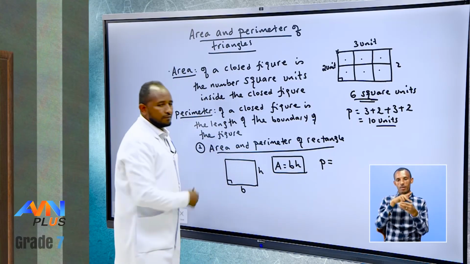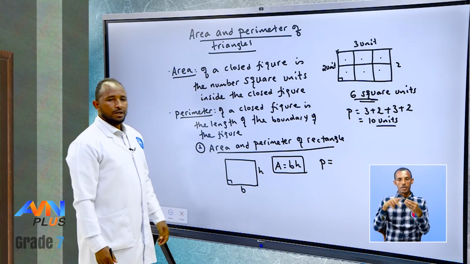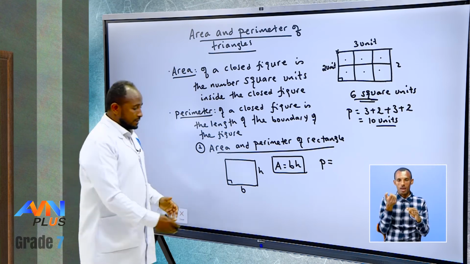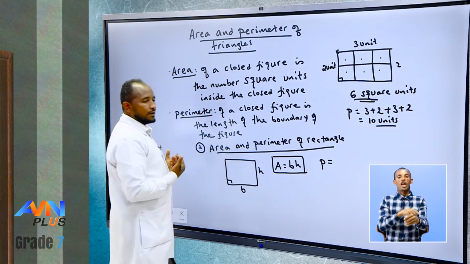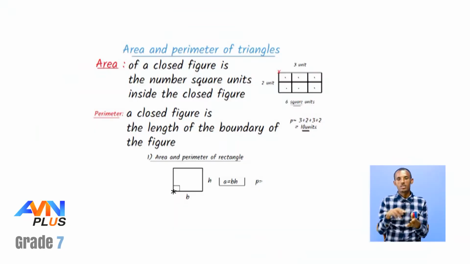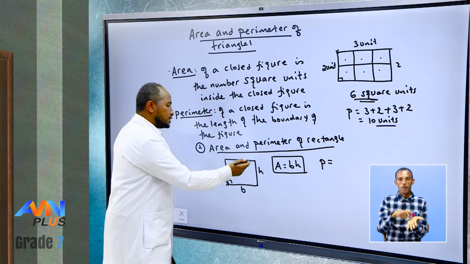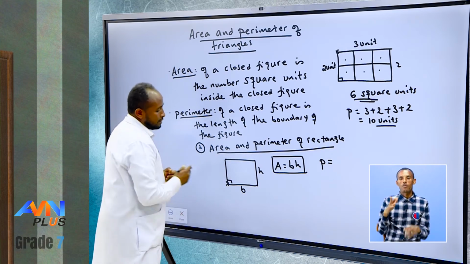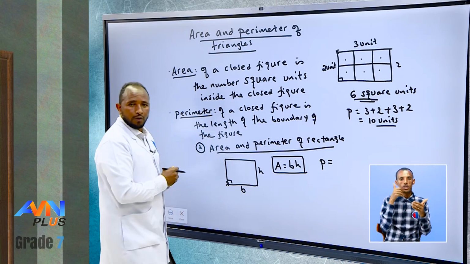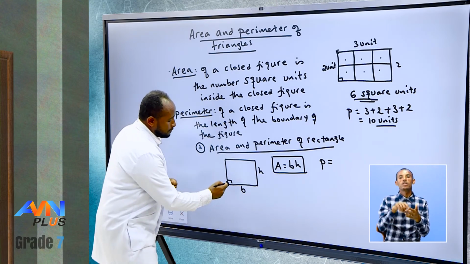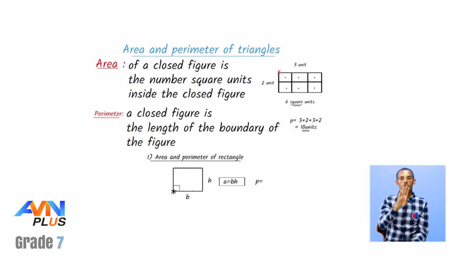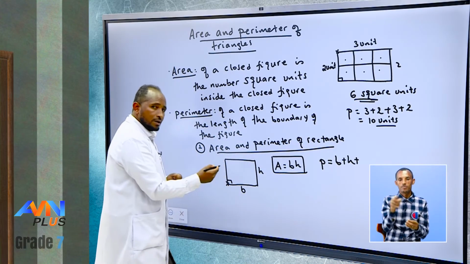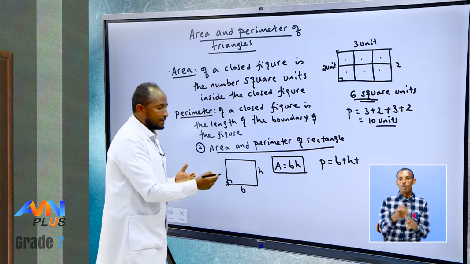And how about the perimeter of this rectangle? As we said earlier, the perimeter is the length of the boundary of the region. Therefore, you start from one point and move around the sides of the rectangle until you reach the starting point. Let's start from this point. This length is B, plus this one is H, plus this one is also B. You know that the opposite sides of a rectangle are congruent.